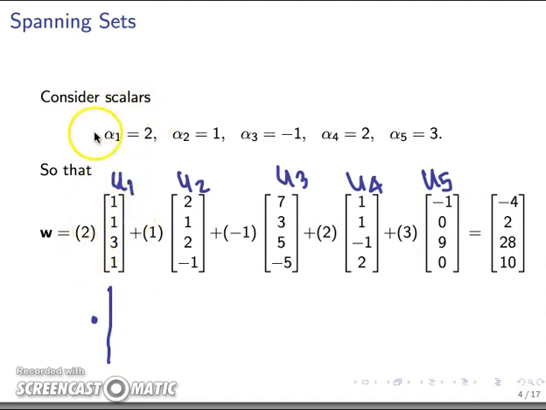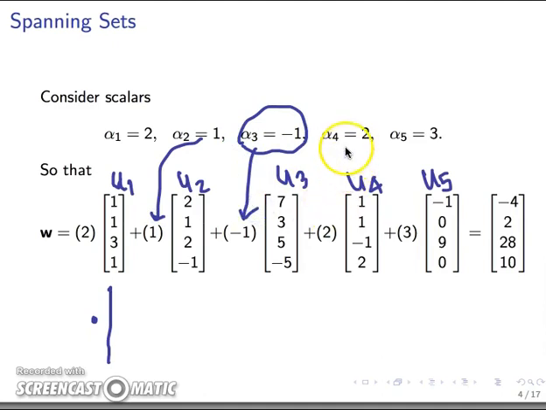We're going to consider specific values for the scalars just for the purpose of illustration. So alpha 1 takes the value 2, alpha 2 takes the value 1, alpha 3 is negative 1, alpha 4 is 2, and alpha 5 is assumed to take the value 3.